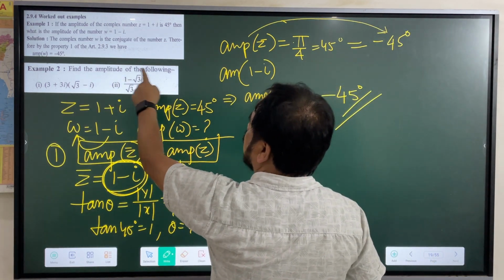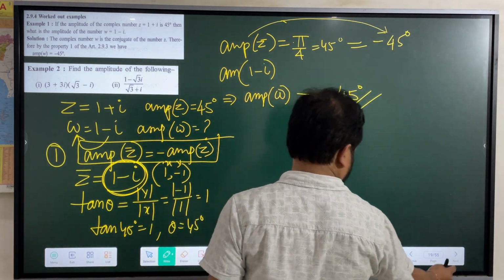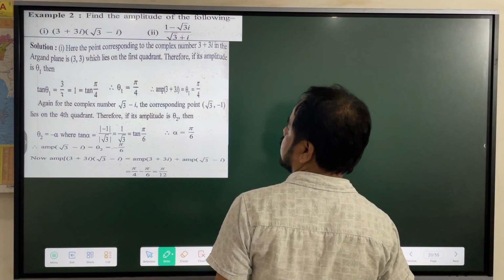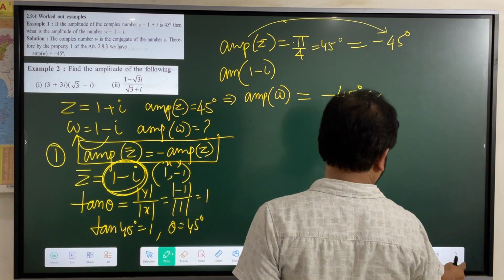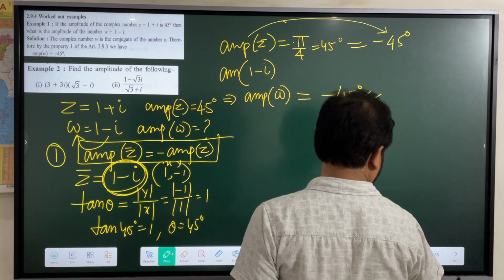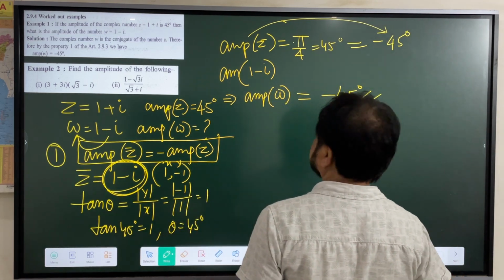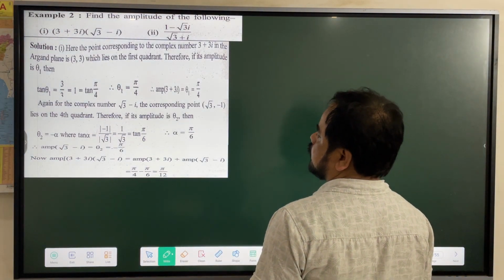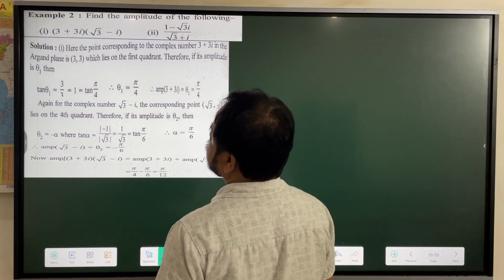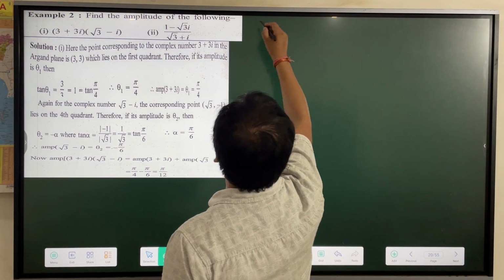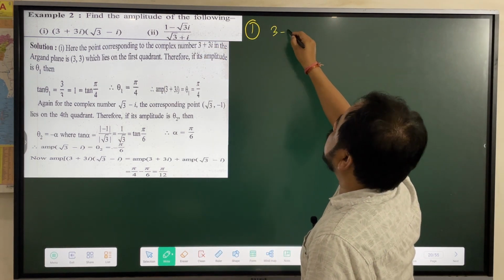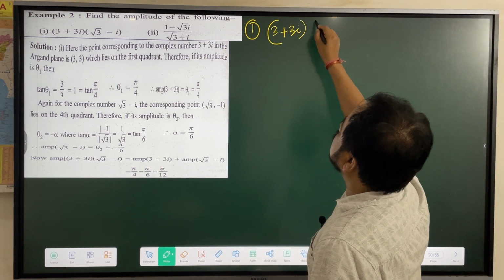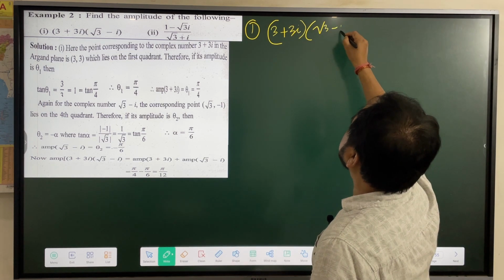Find the amplitude of the following. Okay. Number 1. Here, look very nice. It is very easy only. Root 3 minus i.